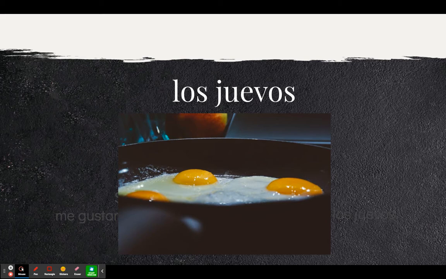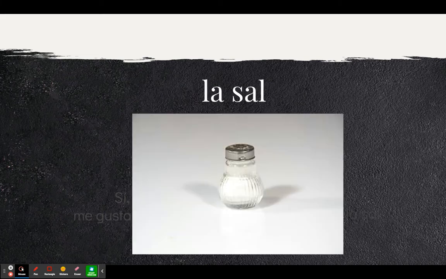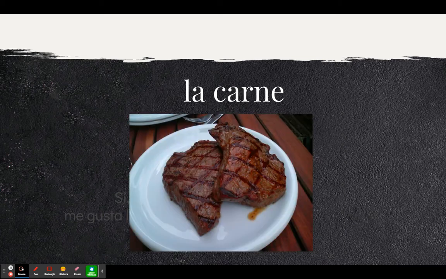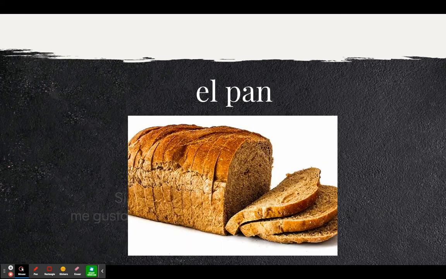Excelente. La pimienta. La sal. La carne. El queso. El pan.